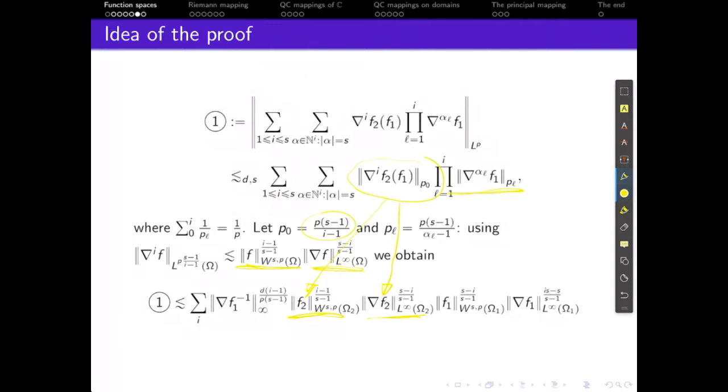So what we have here, we have alpha L. Note that we have I terms and they are multiplying, so the exponents will be adding. This is the norm of f raised to power (alpha L minus 1) divided by (s minus 1), and you are multiplying them. Okay, but multiplying them is the same as summing in the exponents.